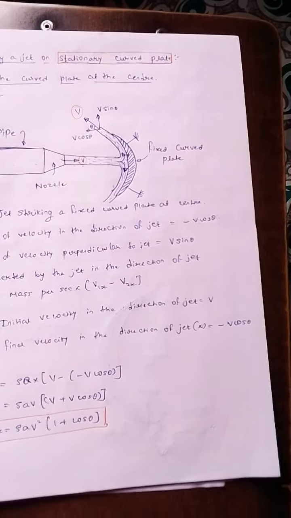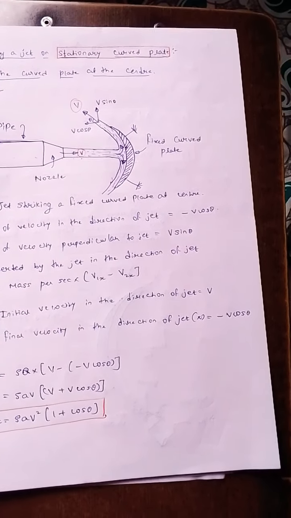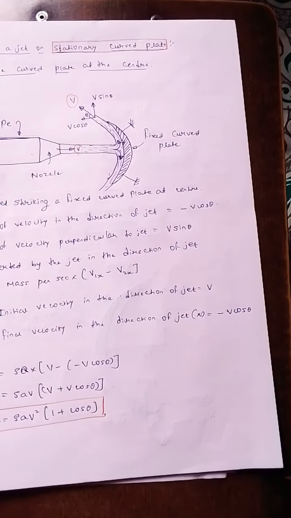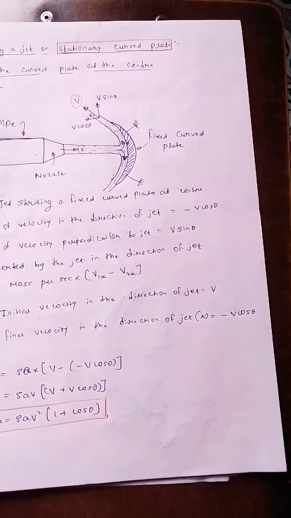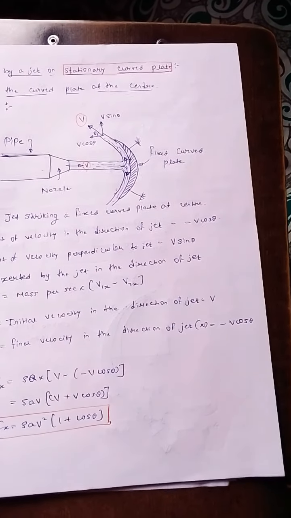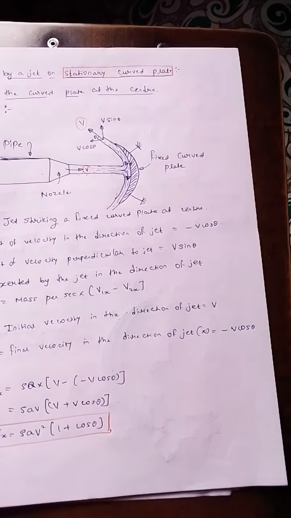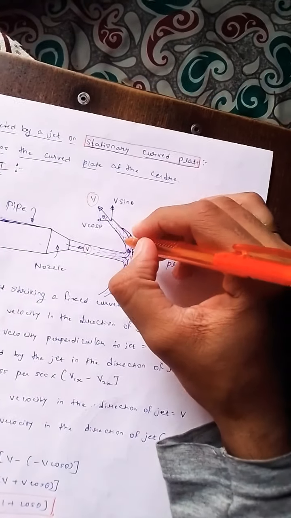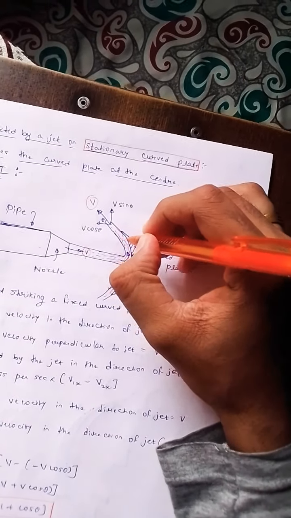In the next point, the velocity at the outlet of the plate can be resolved into two components, one in the direction of the jet and another perpendicular to the direction of the jet.